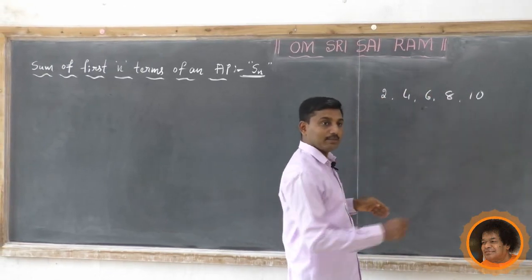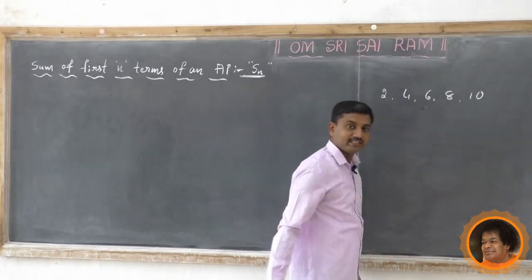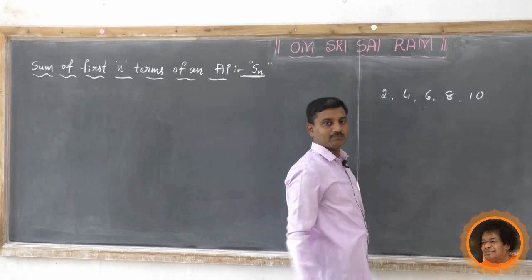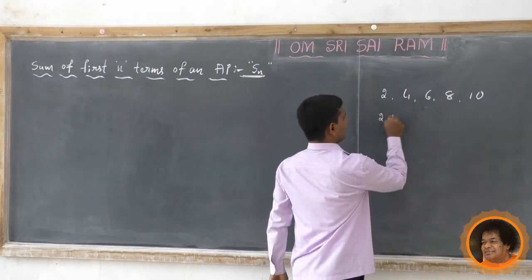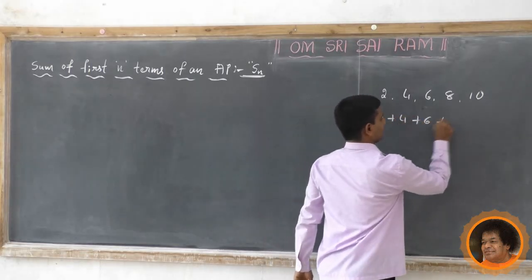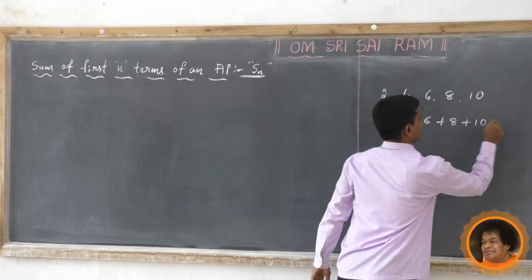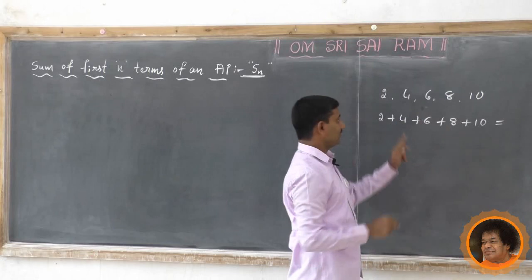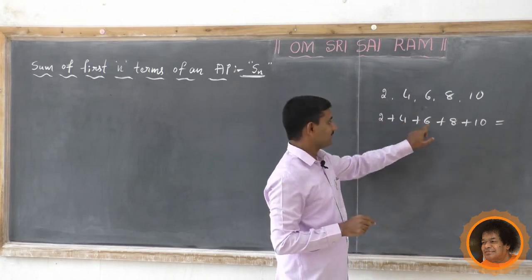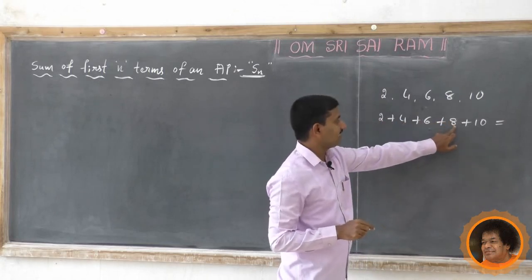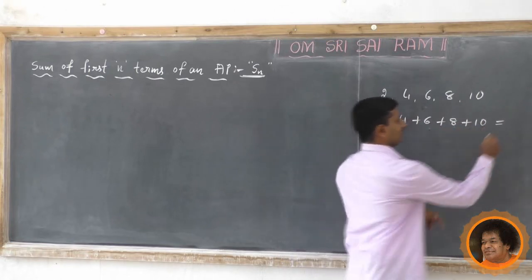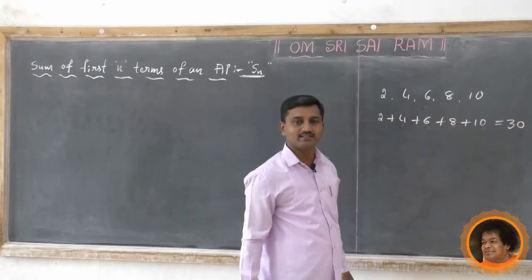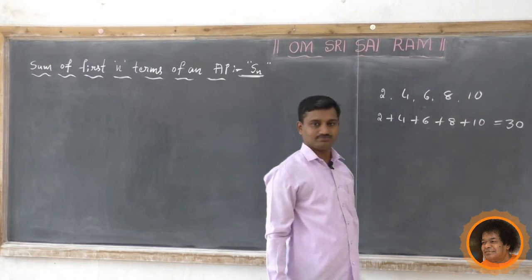By manual adding, we will get the sum. 2 plus 4 plus 6 plus 8 plus 10. 2 plus 4 is 6, 6 plus 6 is 12, 12 plus 8 is 20, 20 plus 10, that is 30.